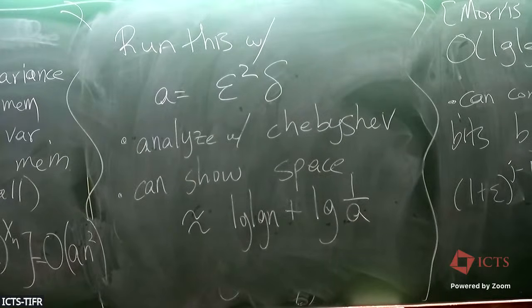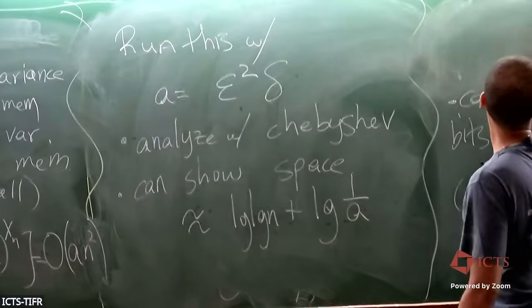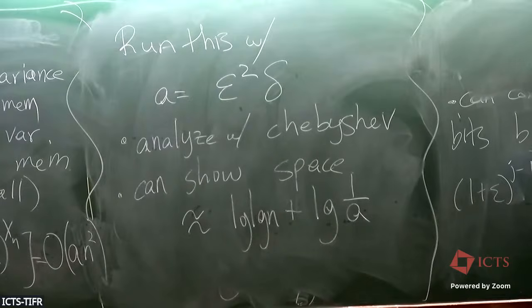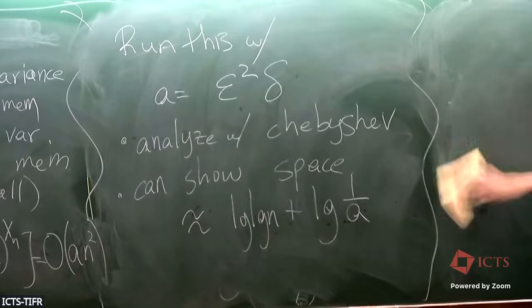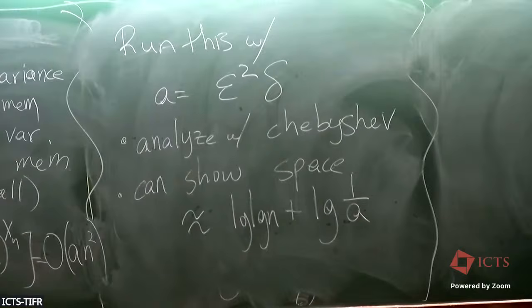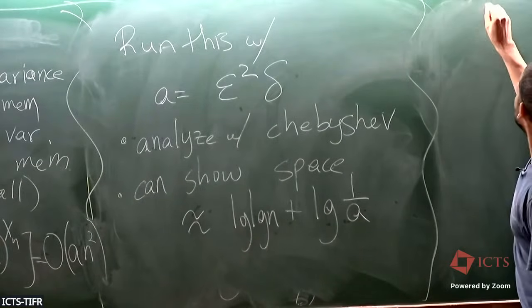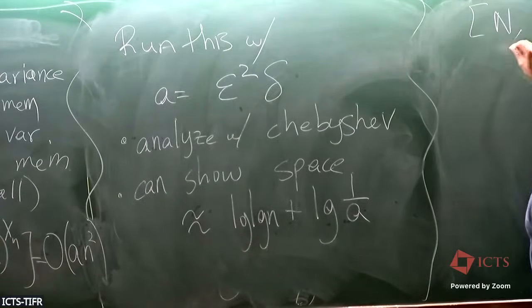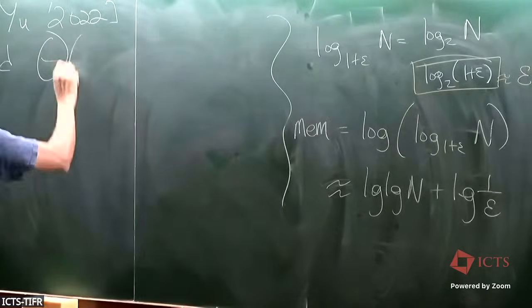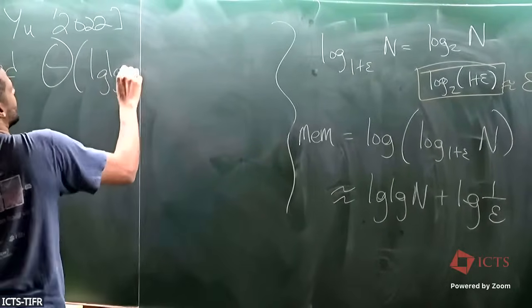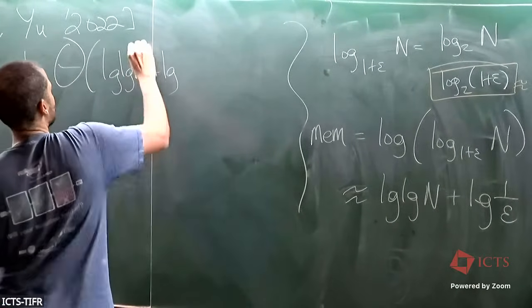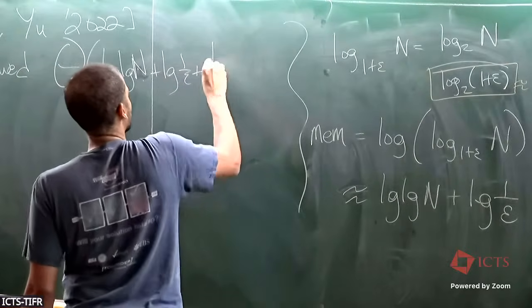So that was the state of the art for a while. And then myself and Huacheng Yu, this was in PODS 2022, showed that the tight answer is log n plus log 1 over epsilon plus log log 1 over delta.